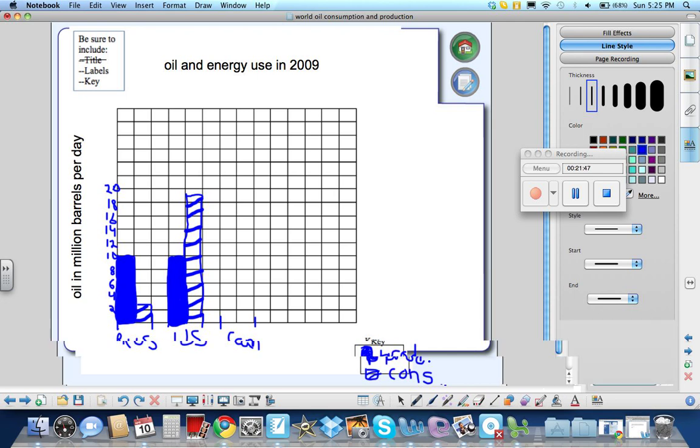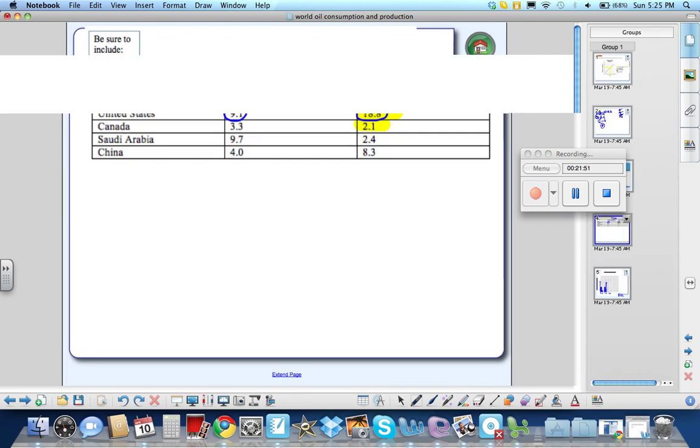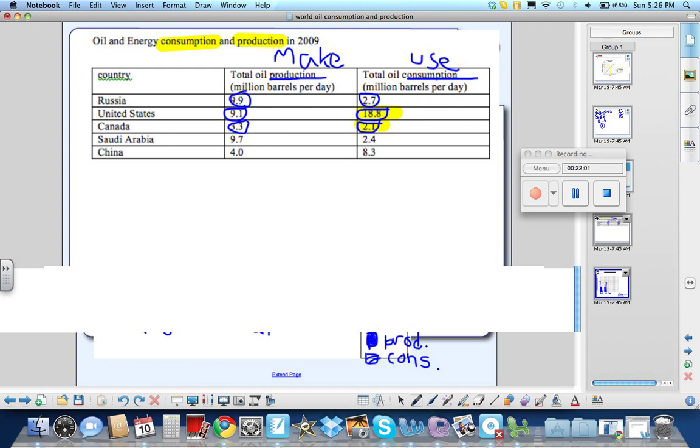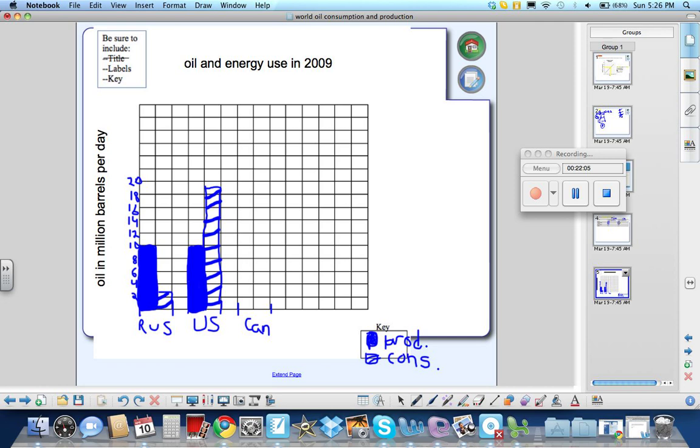Okay? In Canada, looking back in our table, Canada is 3.3 million barrels per day of production and 2.1 million barrels per day for consumption. So let's graph that. 3.3 for production. So I'm going to go to about here, close enough.